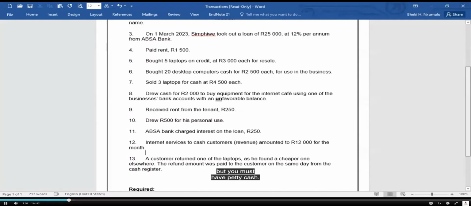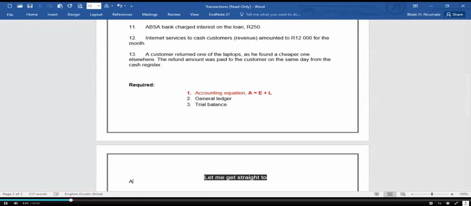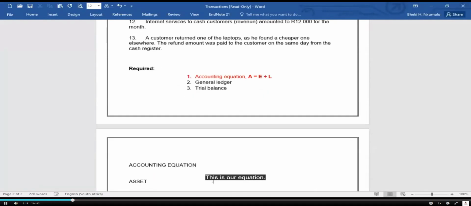So what is required from us here is to draw up the accounting equation. What is important also is that when I'm writing, you also write. If you remember, we are dealing with assets. This is our equation. I said there is one equation that you'll find in accounting, the accounting equation, unlike in physics or maths.